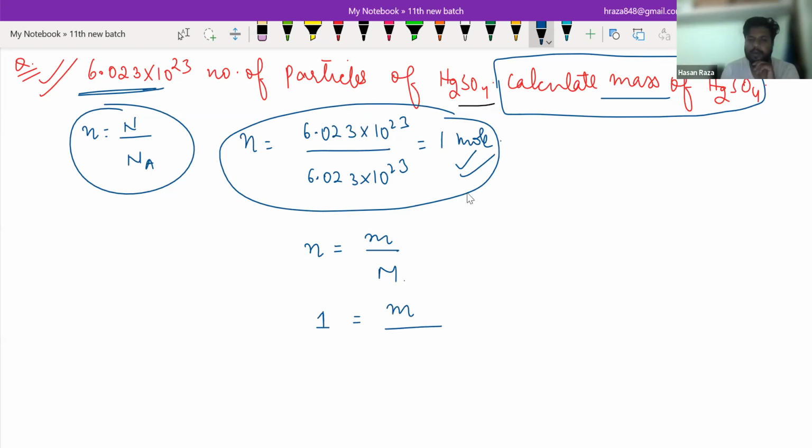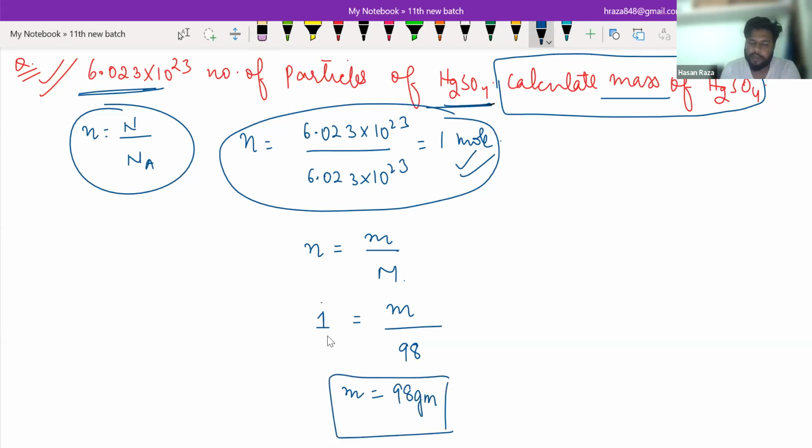Can you tell me the molar mass of H2SO4? Just take your time and let me know. So 98 grams. So M is equal to 98 gram. This is your answer.